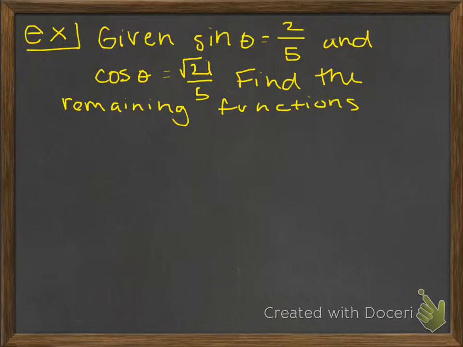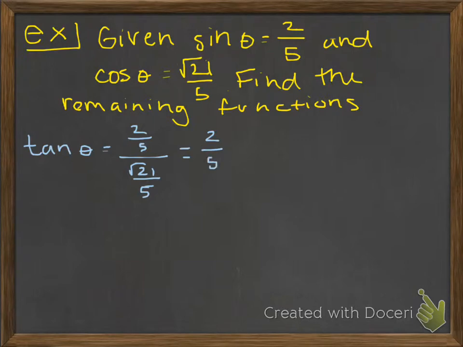We know sine, we know cosine. First thing we can use is the quotient identity to find what tangent is. Quotient identity says if I know the sine value and I know the cosine value, I divide those two values. So the sine value is 2 over 5. Cosine value is root 21 over 5. We can't leave a fraction divided by a fraction, so we keep change flip.